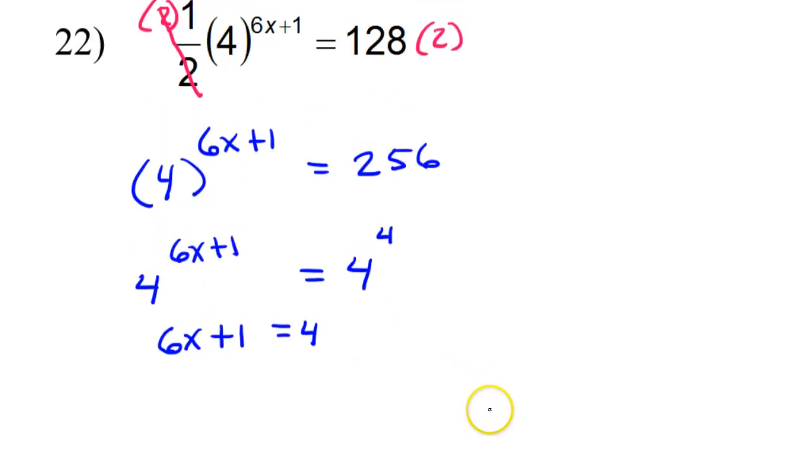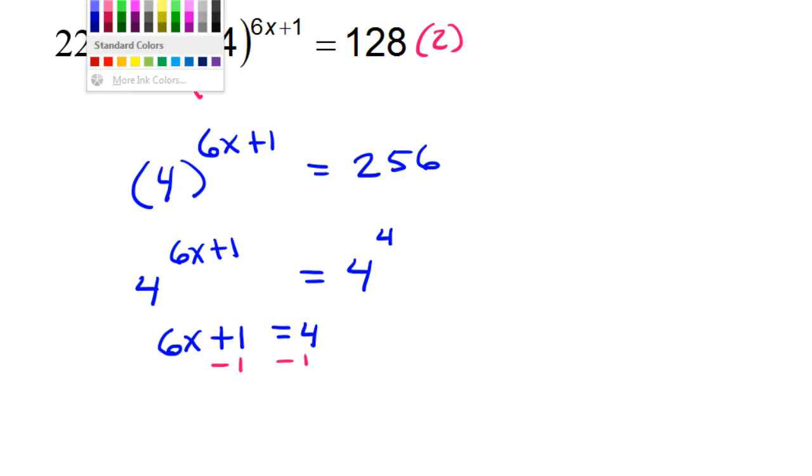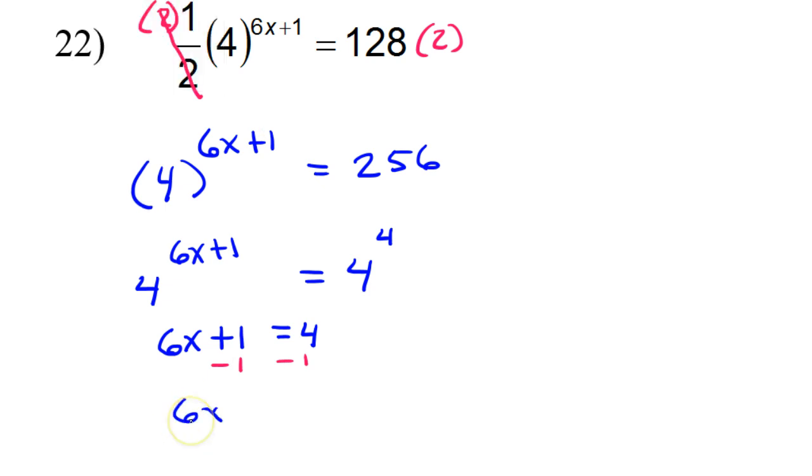And then again, we're back to our 8th grade math. So we will subtract 1 from both sides, and that will give us 6x is equal to 3. And do not divide by 3. We're trying to get x by itself, so you have to divide by 6.